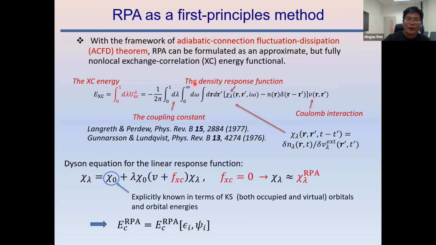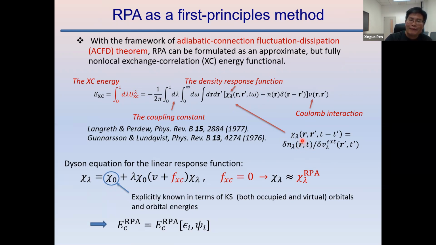To find this approximation, one has to invoke another thing called the fluctuation dissipation theorem. Within the fluctuation dissipation theorem, this integrand, the exchange correlation potential energy, is connected to the density response function, this chi lambda, which is also dependent on lambda.